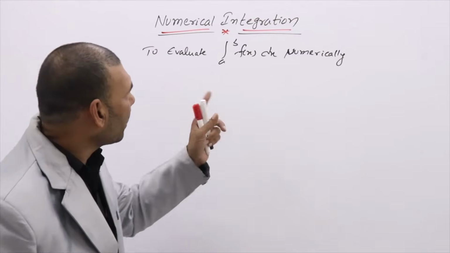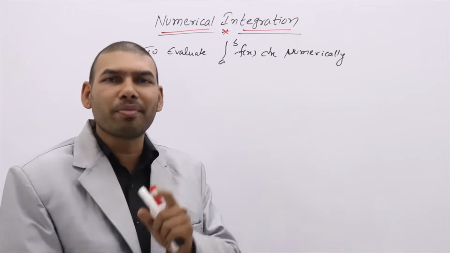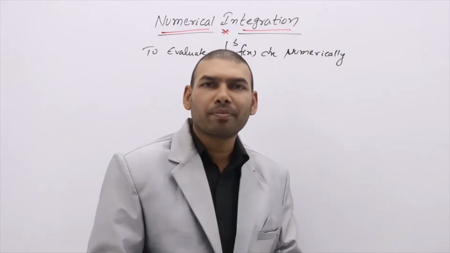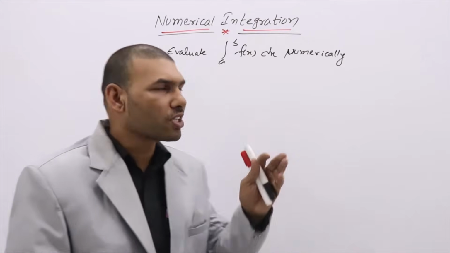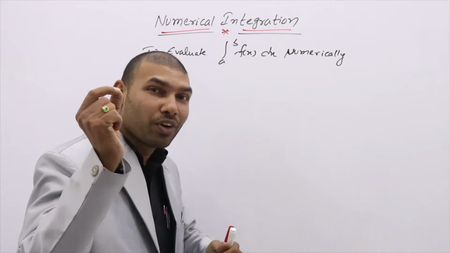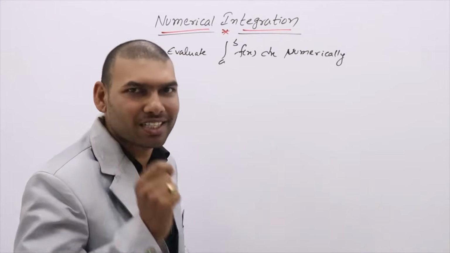But the only drawback, one demerit, in numerical methods is that you will get an approximate answer. If you apply integration formulas and substitute the upper and lower limits, you will get what is called the exact answer.